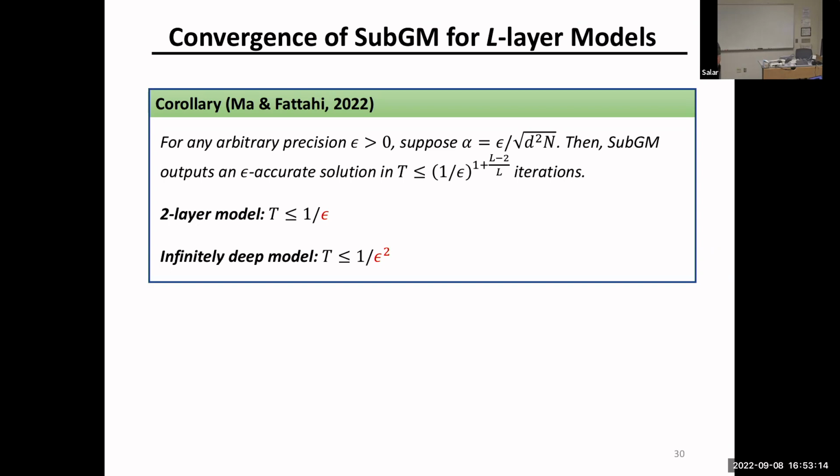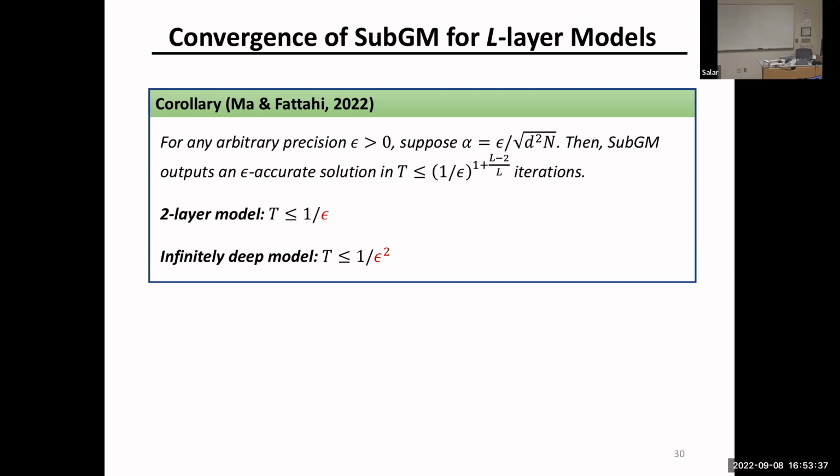The convergence rate ranges from 1 over epsilon for a 2-layer model, all the way to 1 over epsilon squared for an infinitely deep model. In practice, it is definitely the case that we need longer iterations to converge in deeper models, but once you converge, the solution is going to be better.